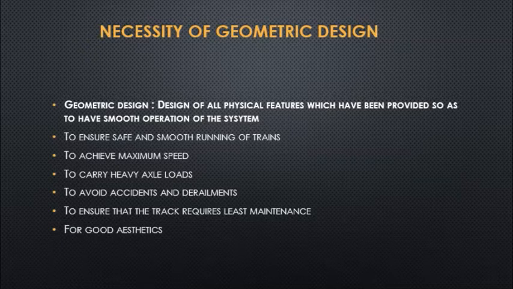With a proper design, we can achieve maximum speed for the locomotives. If the track is intended to carry heavy axle loads, proper design is necessary. Otherwise, derailment or accidents may happen. As said earlier, proper design can avoid accidents and derailments.